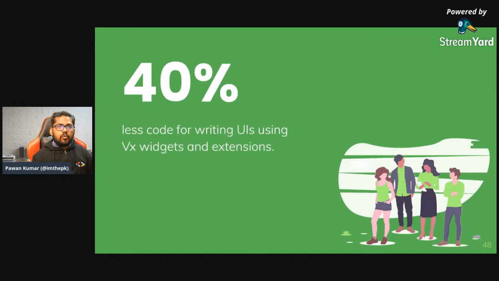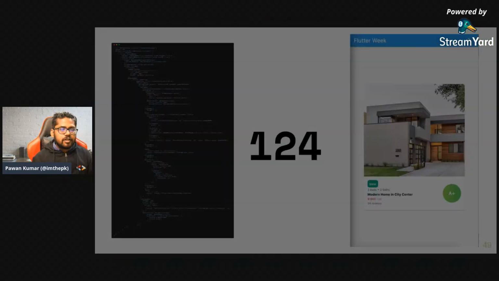Now the last thing, which is very important here, is that you can decrease your amount of code by 40% when you're using VX with Flutter. As I told you, it's even faster; your speed will increase by 40%. So that's a good thing about VX.